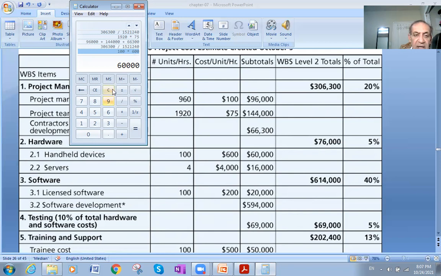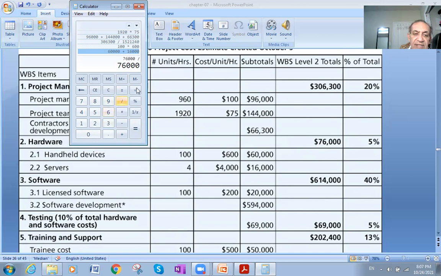Okay, now it's time to get the subtotal, and I will add them up together. So 60,000 plus 16,000 will equal 76,000.